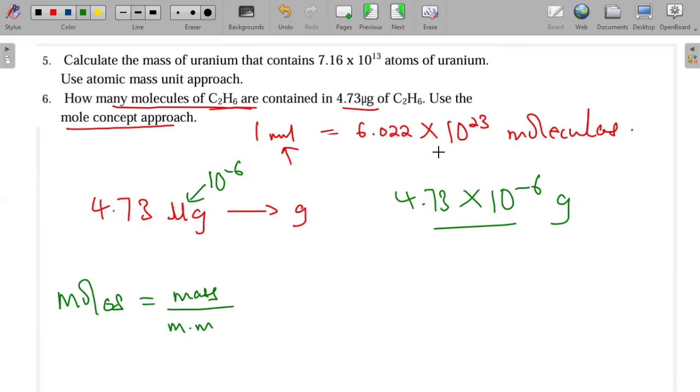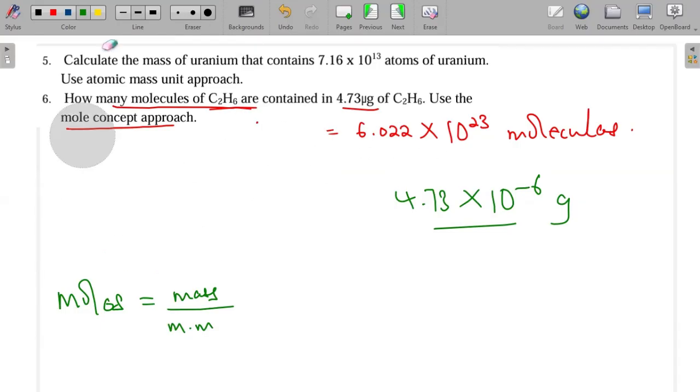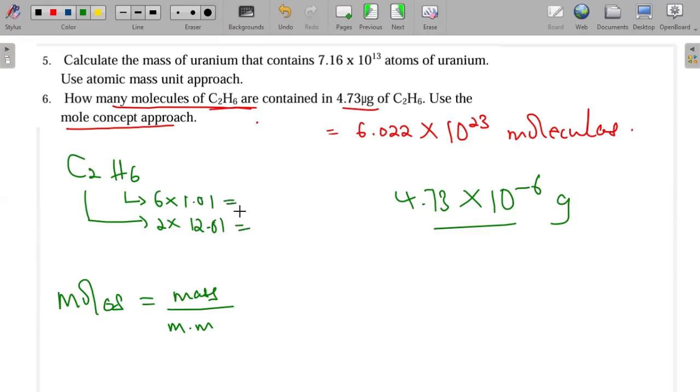So the molar mass we get from the periodic table. Okay, so what we have here is C2H6. So this will be 6 multiplied by the molar mass of hydrogen, and then 2 multiplied by the molar mass of carbon. So for carbon, 12.01, and for hydrogen it is 1.01. Okay, so from there I get 6.06, and then here, what am I going to get?